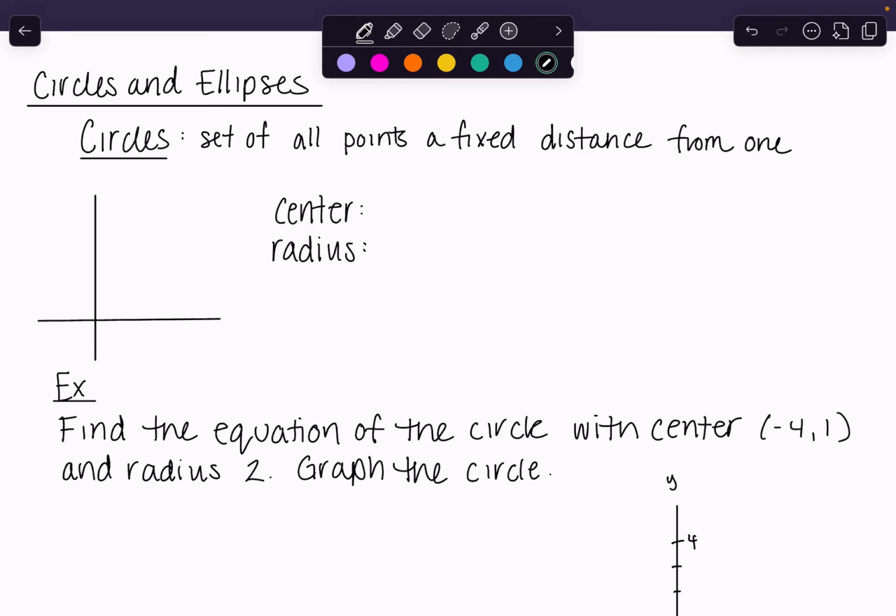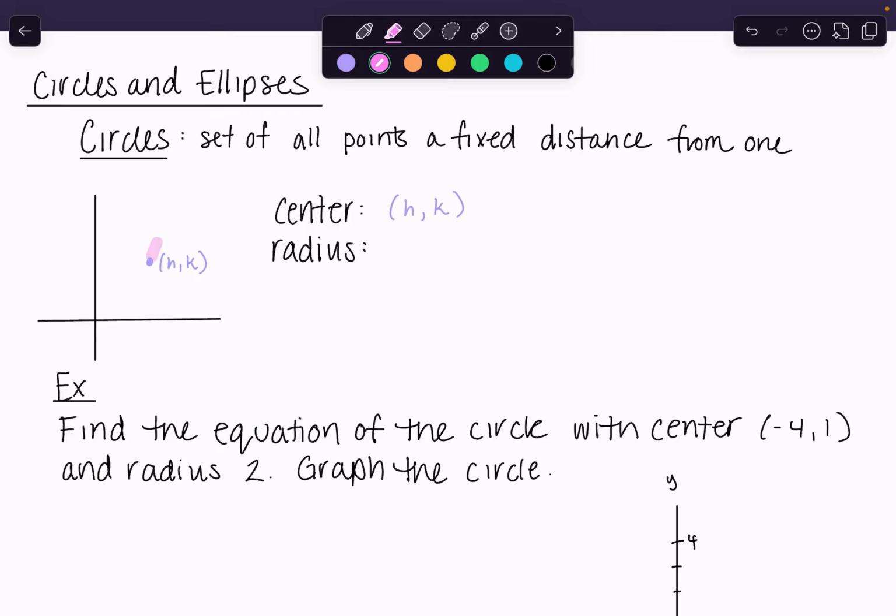So again, a circle you're used to. You have a fixed center point, and then you're looking at all of the points that are a fixed distance from that one. So you have some center point, maybe it's right here. This is always denoted by some h value and then a k value. So h corresponds to the x value and k corresponds to the y value.